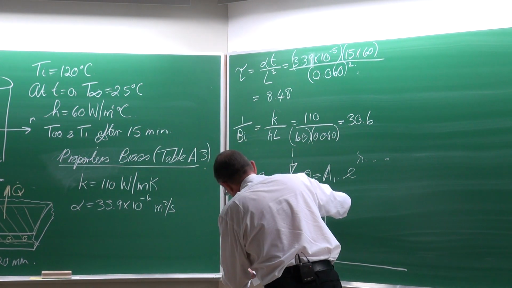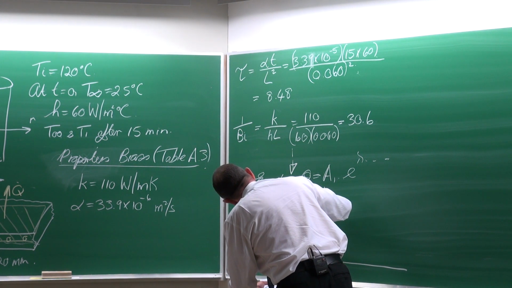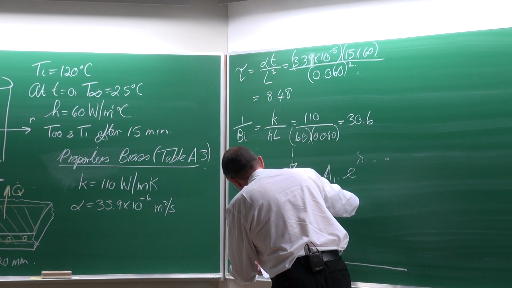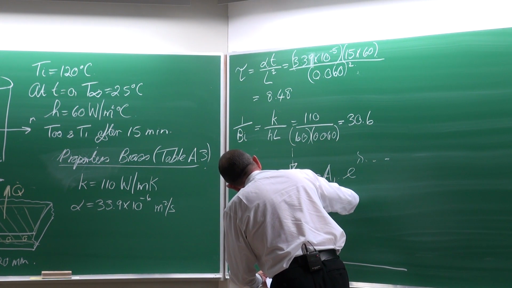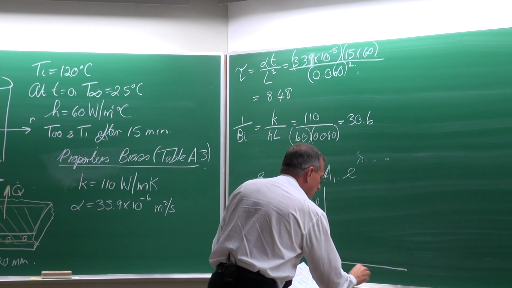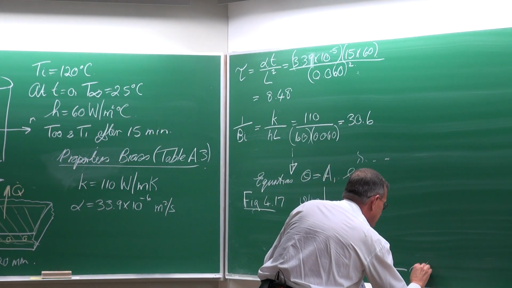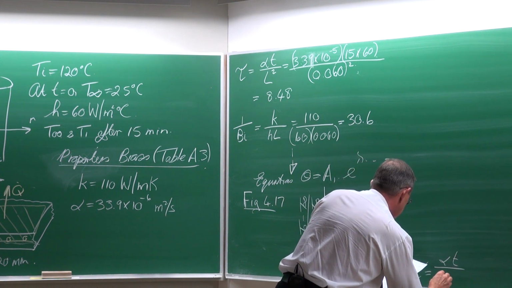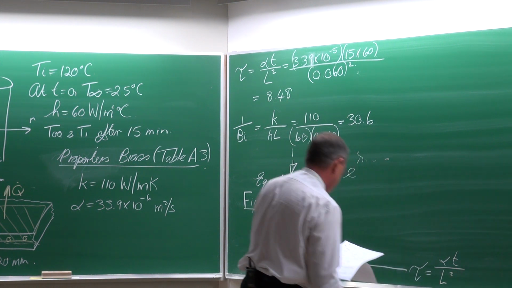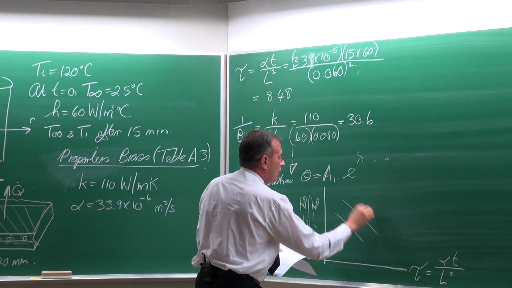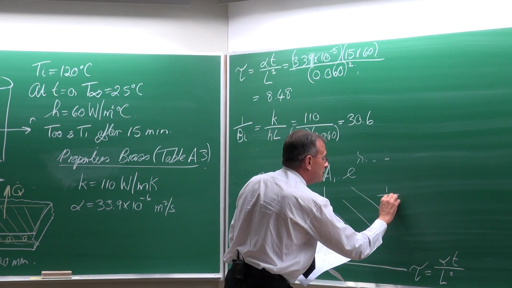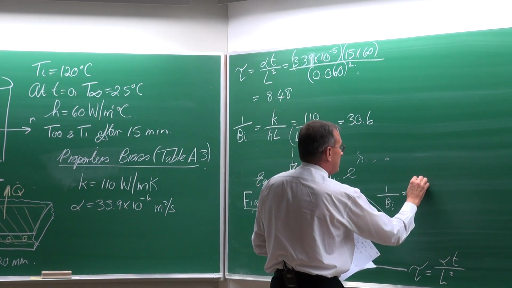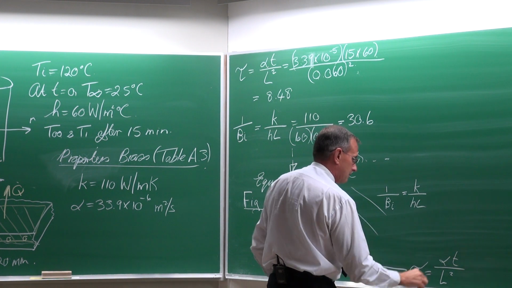The non-dimensionalized temperature on that plane is equal to the temperature at 0 minus T infinite divided by Ti minus T infinite, and on this axis is given the non-dimensionalized time as alpha t divided by L squared, and here lines are given for 1 divided by the Biot number, which is equal to K divided by HL.